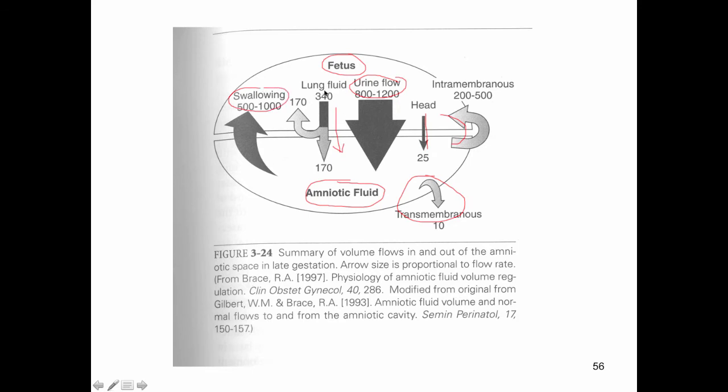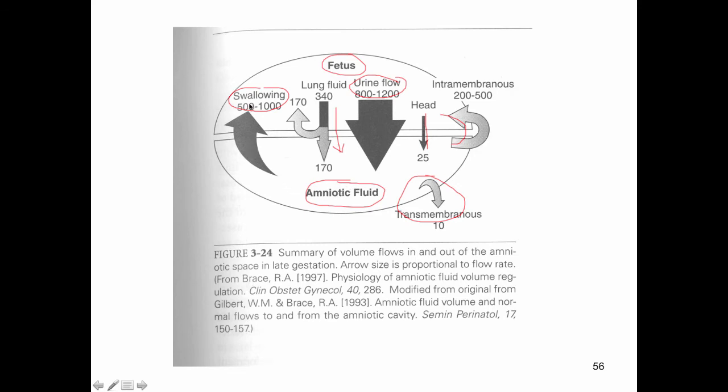So that's very important because there are conditions where the amount of amniotic fluid in the amniotic sac is either too little or too much. And so you can imagine that if the fetus has any sort of congenital anomaly in its renal system or in its urinary system, the flow of fetal urine out would be impaired, and it might compromise amniotic volume.